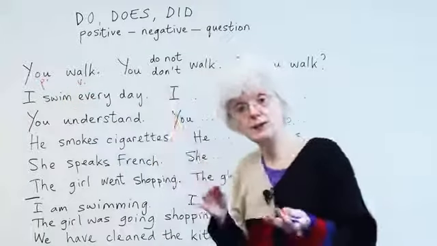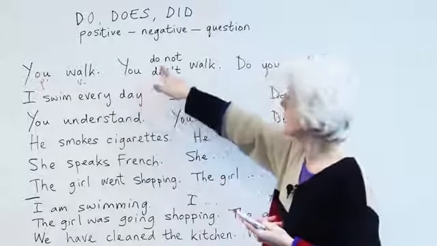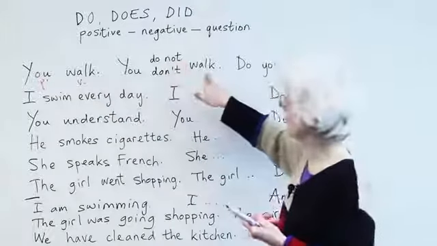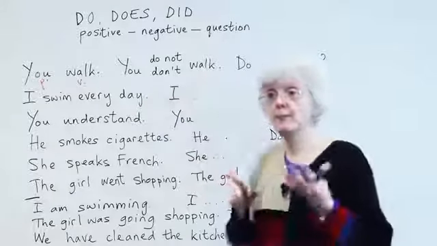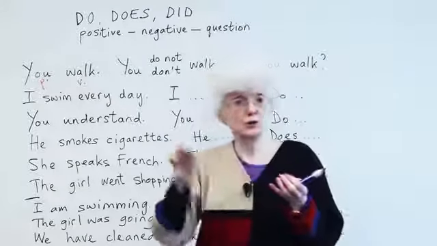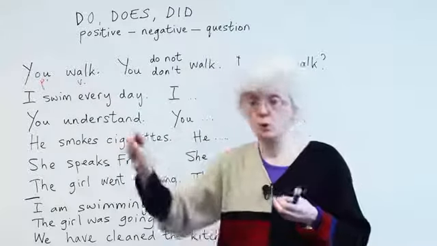If you turn that into the negative, it's you do not walk, or you don't walk. You can't just say you not walk. You have to use you do not walk.